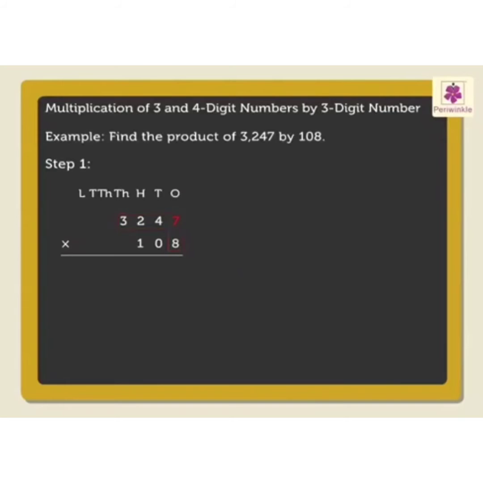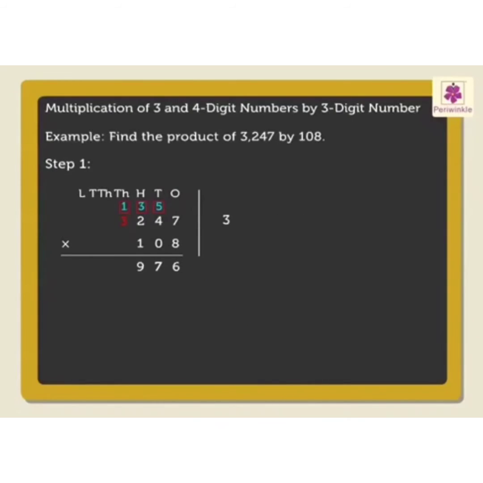7 into 8 is equals to 56. 4 into 8 is equals to 32 plus the carried over 5 is equals to 37. 2 into 8 is equals to 16 plus the carried over 3 is equals to 19.